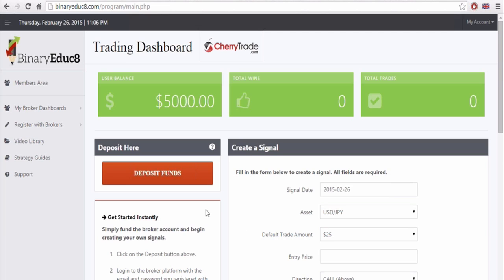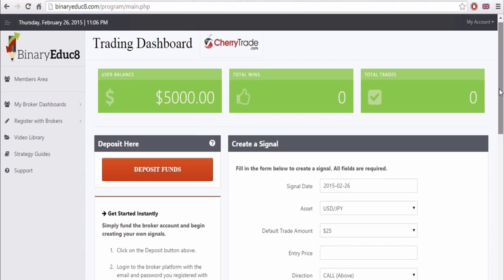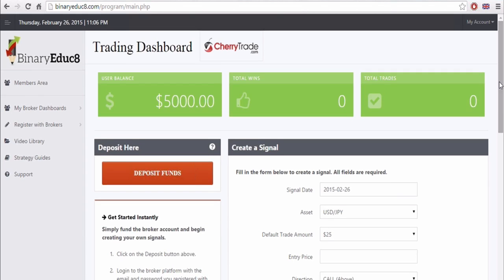Okay, let's have a look at the BinaryEduc8 Auto Trader dashboard. When you register for the BinaryEduc8 trading package on the website, you will be automatically registered with one of our trusted binary option brokers as a default.